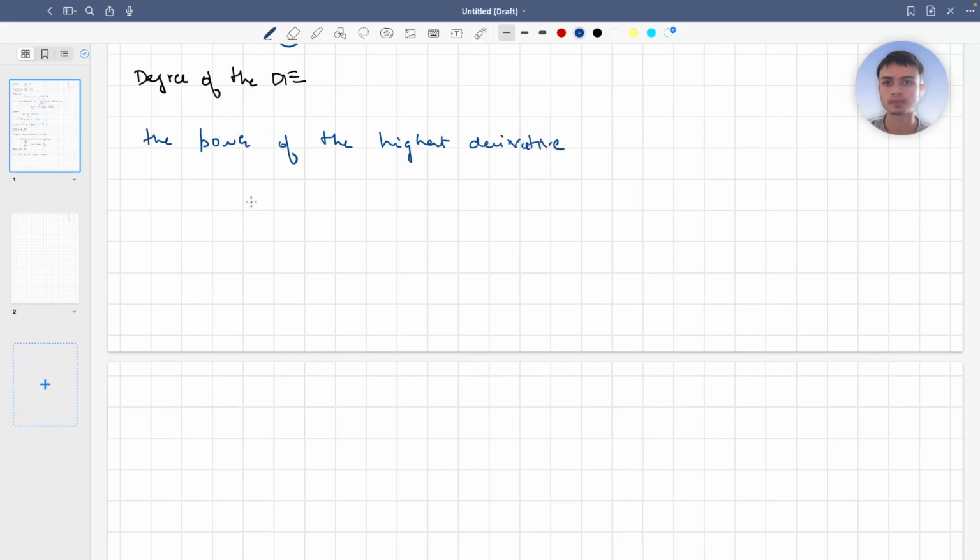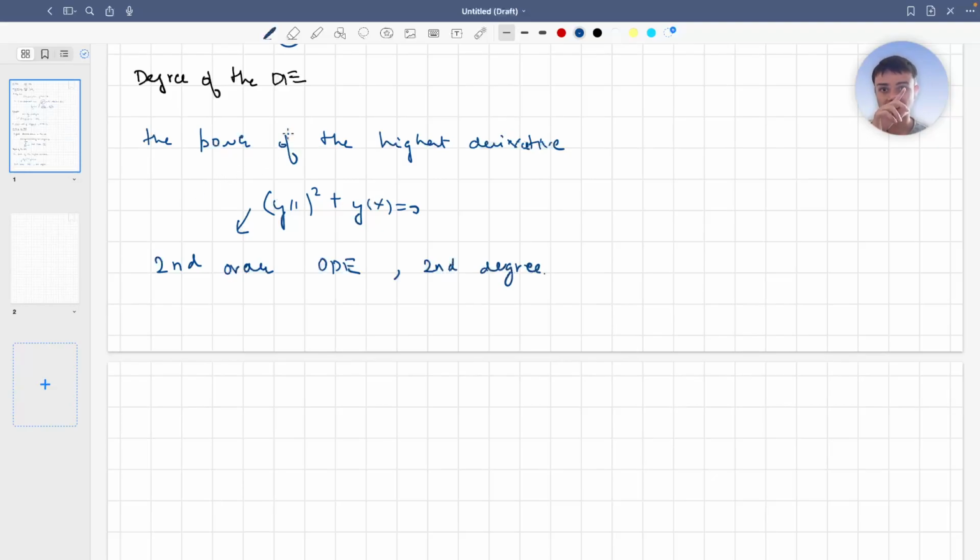Let's say you have y double dash whole squared plus y of x equals 0. So in this differential equation, it's a second order ODE, and the power is 2. So I'll say it's of second degree. So this is the idea of degree.